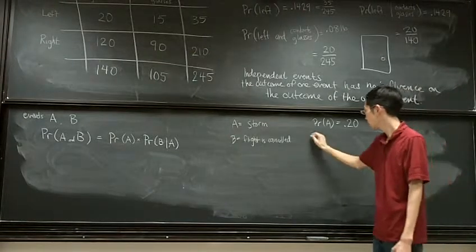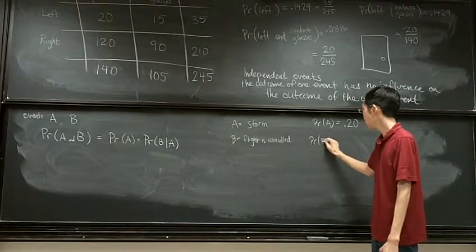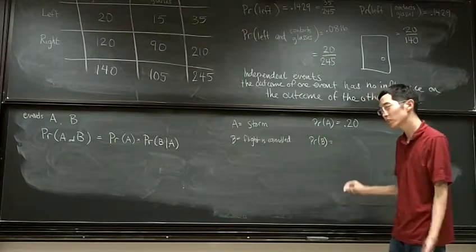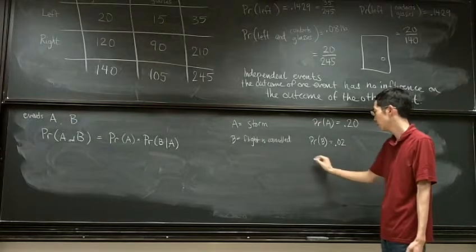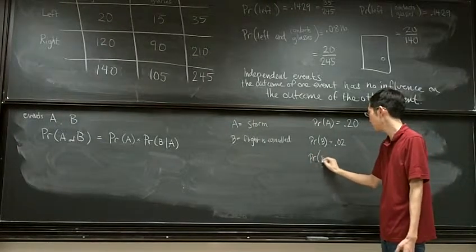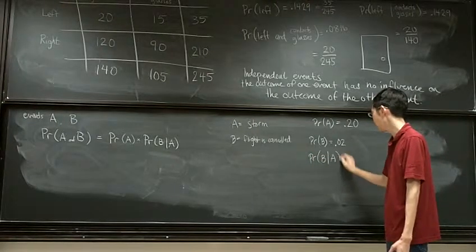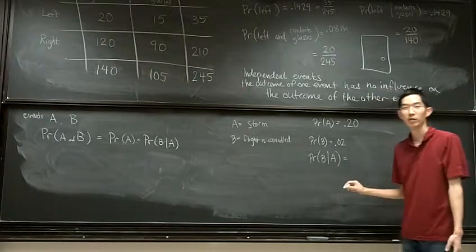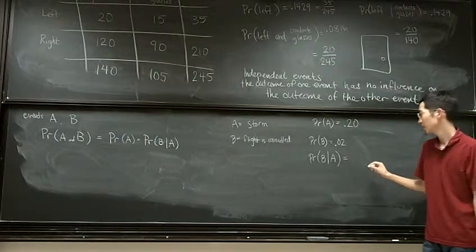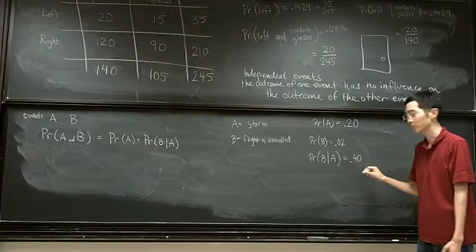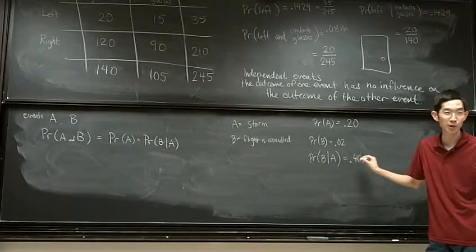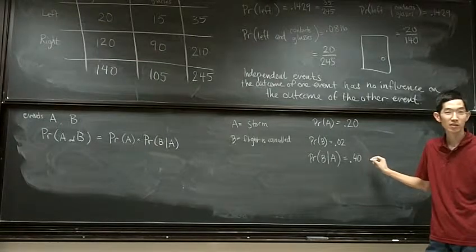We could say, what's the probability that a flight is canceled? We could just say that's like 2%. But what's the probability that a flight is canceled if there's a storm? What's the answer there? 100%. Maybe we'll say 40%. So if there's a storm, maybe there's now a 40% chance of cancellation.